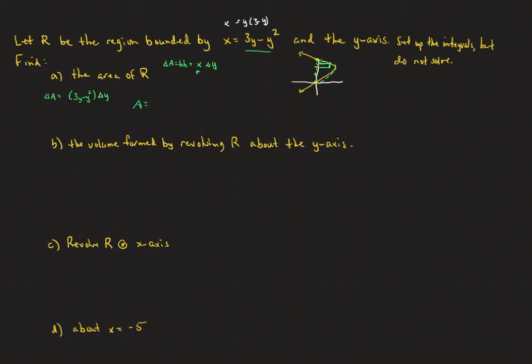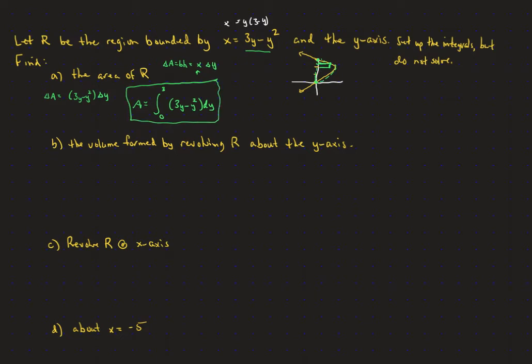So our integral for the area is going to go from 0 to 3, those y limits, and it's going to be the integral of 3y minus y squared dy. So there is our integral, and we don't have to actually evaluate it.